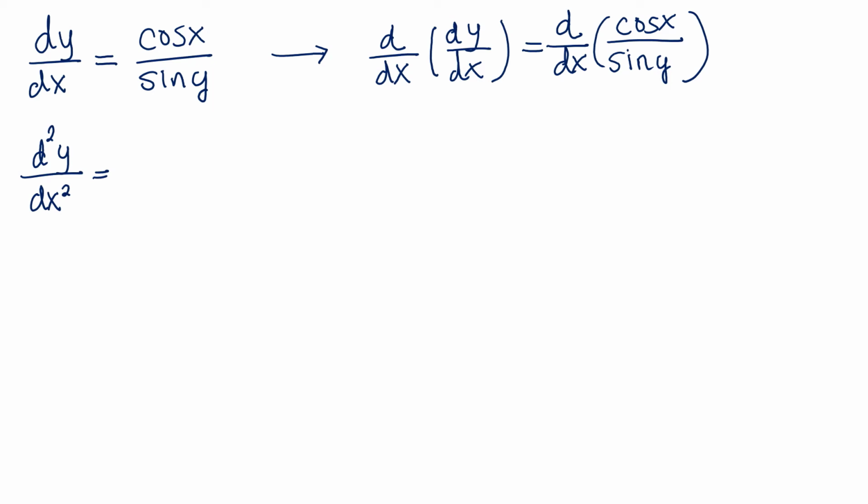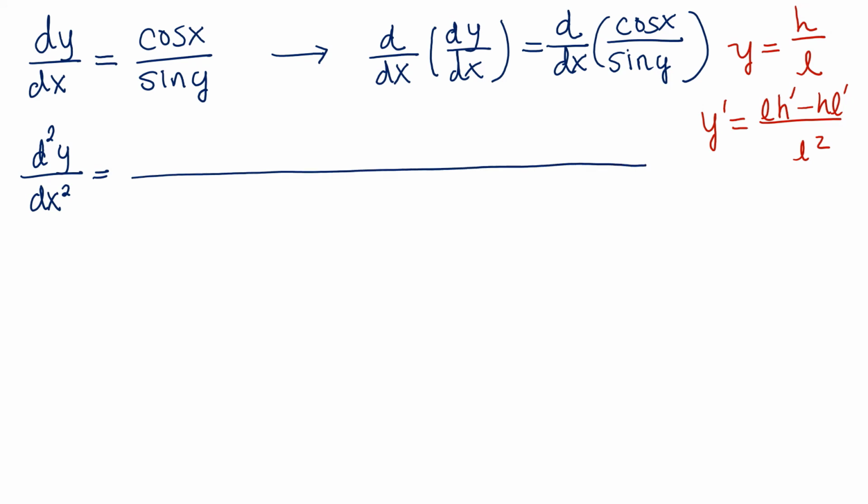Now we'll need to use the quotient rule to take the derivative of cosine x over sine y. Remember the quotient rule: if you have a ratio of two functions, high over low, then that derivative is the denominator squared, and the numerator is low d high, that's low times the derivative of the high, minus high d low, high function times the derivative of the low function.